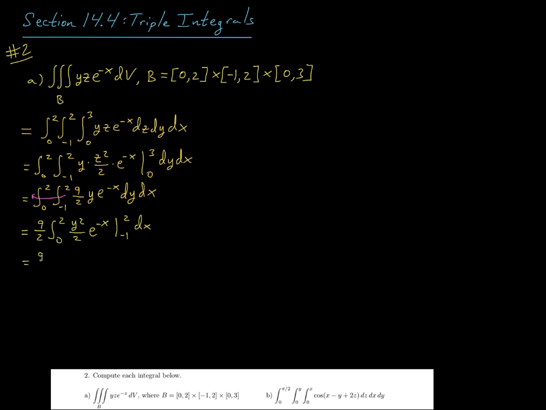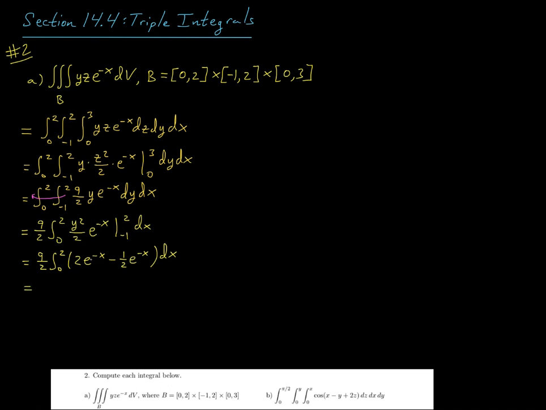Okay, so then go ahead and evaluate there. Plugging 2 in for y gives us 2 squared is 4 over 2 is 2, so 2 e to the negative x. And plugging in -1 gives us half e to the negative x.